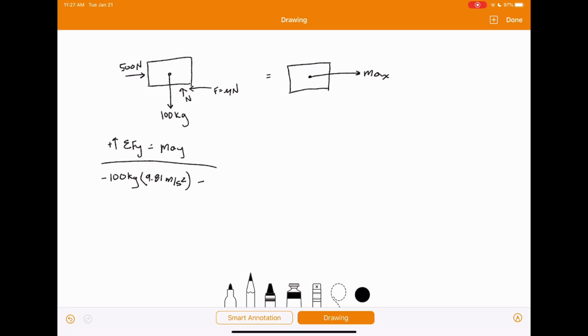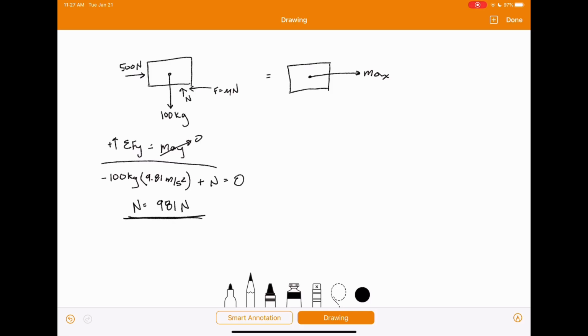And then we also have our normal force. And all of that is equal to m times ay, but ay we don't have, so this is actually going to be 0, because ay is 0, so this whole thing goes to 0. So, from this equation, we will get that N equals 981 newtons.